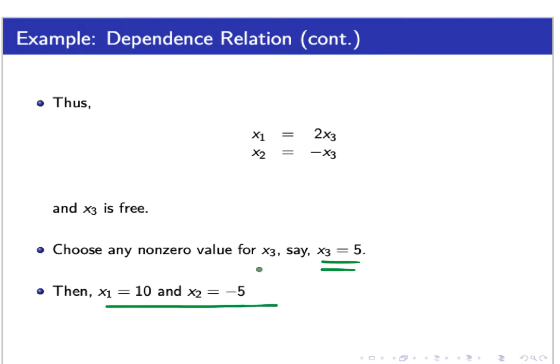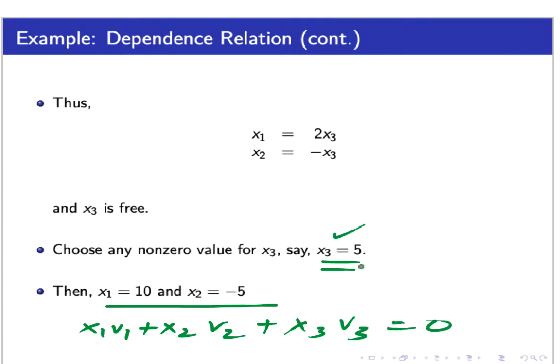And these are three non-zero values for the answers. Remember, we had the vector equation x1 v1 plus x2 v2 plus x3 v3 equals 0. So if I have one value of x3 to be 5, we got a set of values for x1 and x2.